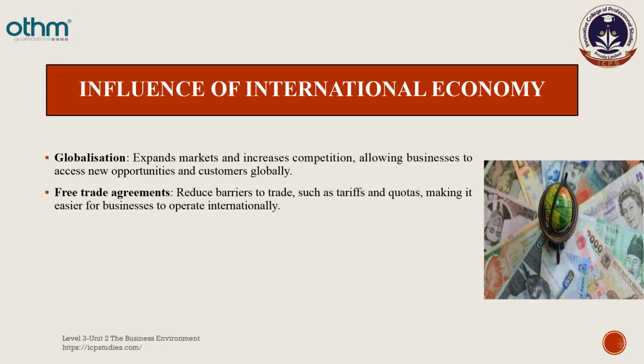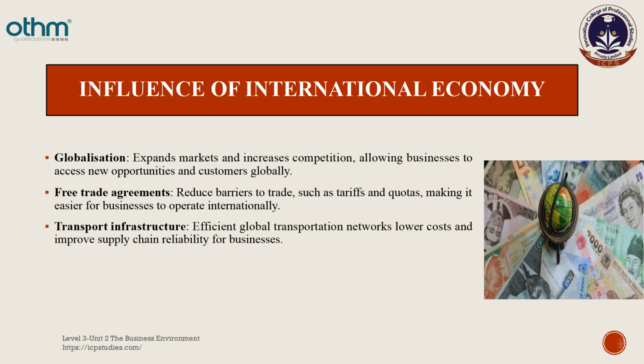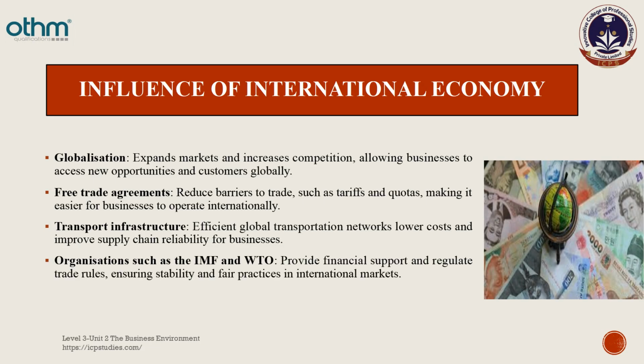Then we have free trade agreements, and these are helpful to reduce barriers in trade. For example, different tariffs, taxes and quotas, which makes it very easy for businesses to operate in the international market. Then we have the transport infrastructure. An efficient global transportation network always decreases the cost and also improves the supply chain reliability for companies.